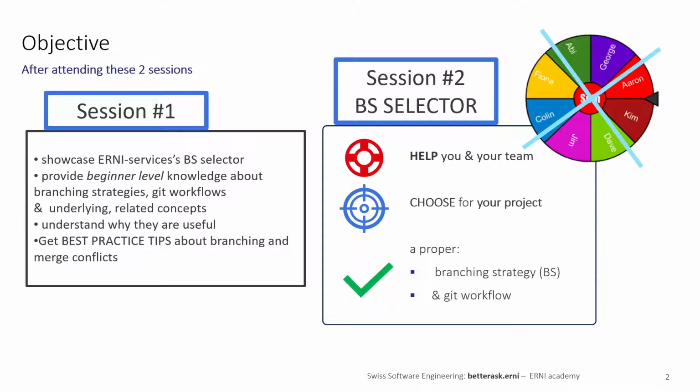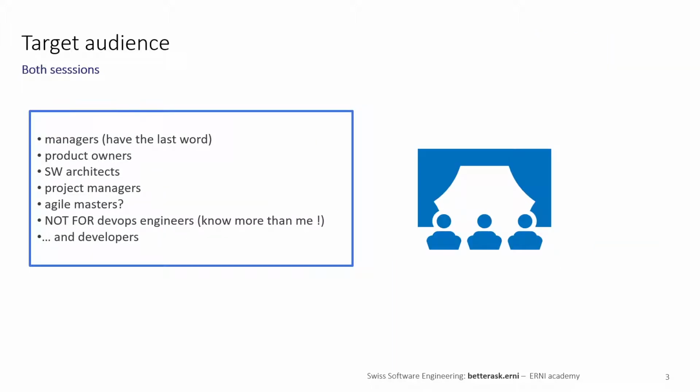The point is to choose your branching strategy for your project not randomly, not with a wheel of fortune, and we can see this wheel of fortune here. It's more about using some knowledge, but also a selector which helps you without needing so much knowledge.